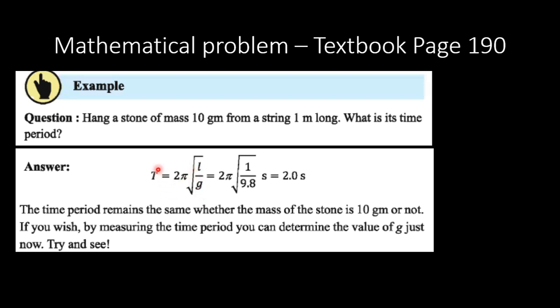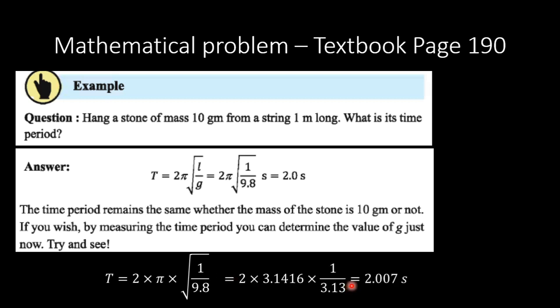So when we calculate the time period T, we put the values t equals 2 pi root over L by g, so instead of L there is 1 meter and instead of g there is 9.8 ms inverse 2, and we get approximately 2.007 seconds, or 2 seconds, as the time period.